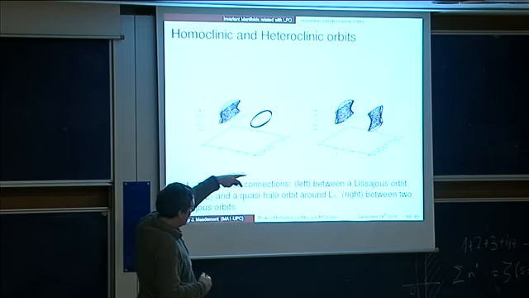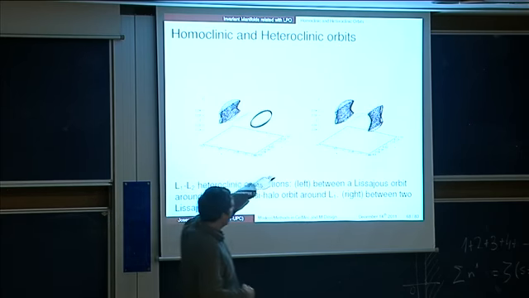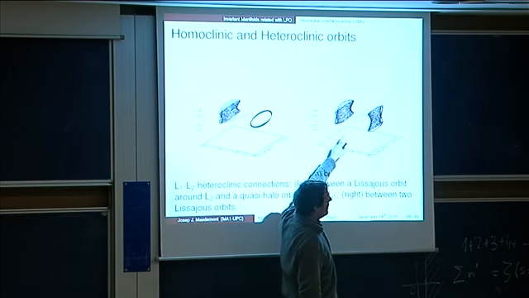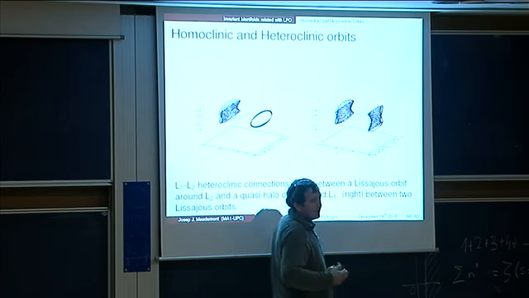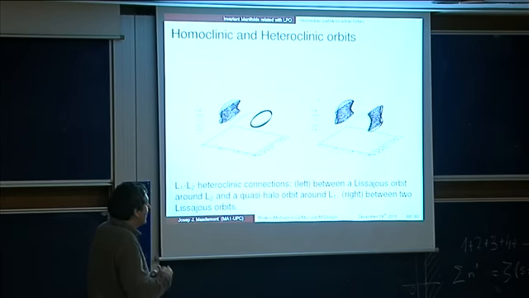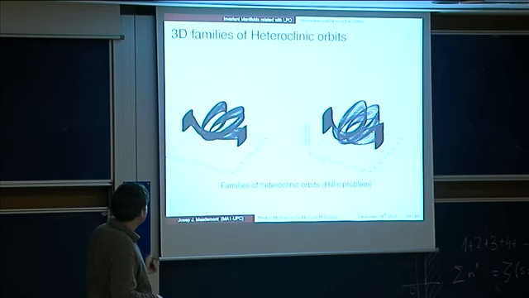One Lissajous orbit is a 2D torus inside a 3D sphere, and here we have another one. They are hyperbolic, and you are looking for connections of the manifolds of these two objects, and you can obtain families like this.